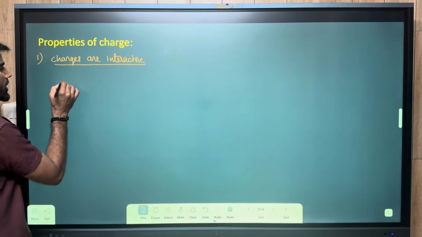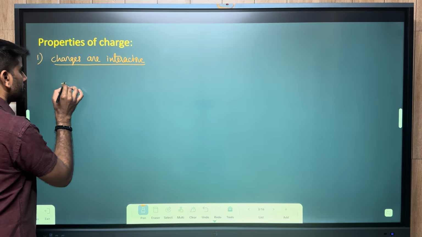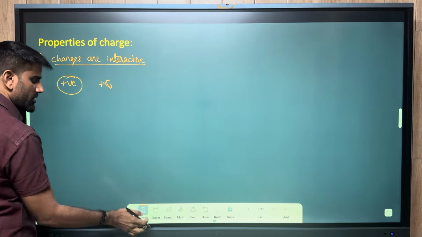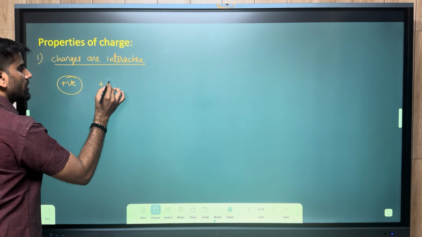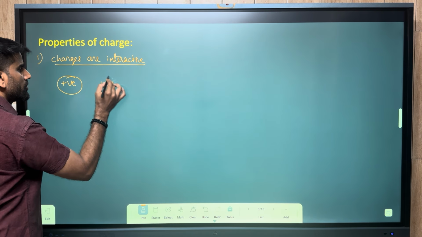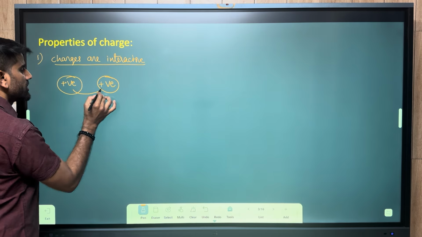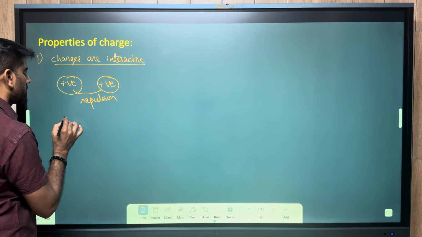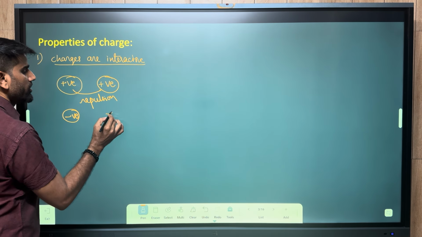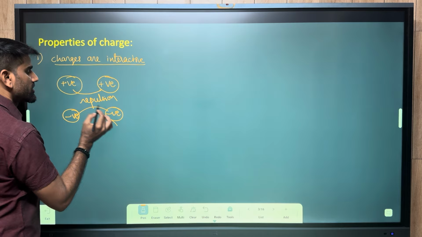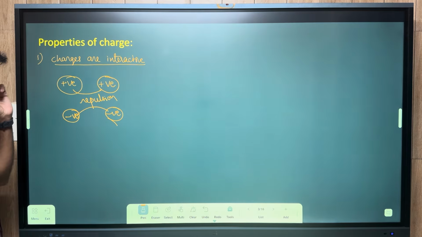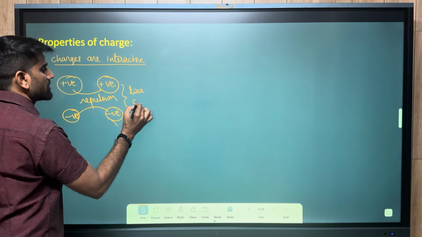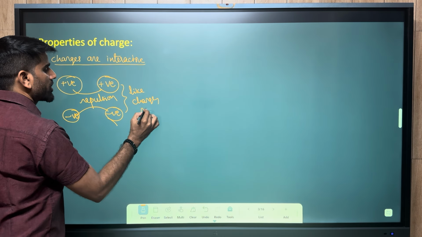Now if I take similar types of charges, positive and positive, then there exists repulsion. Or take negative and negative, there exists repulsion again. So like charges repel each other.